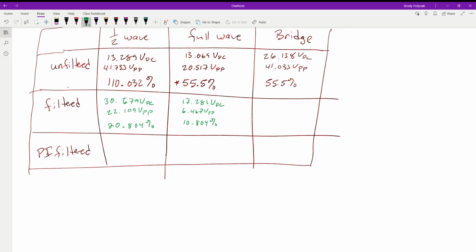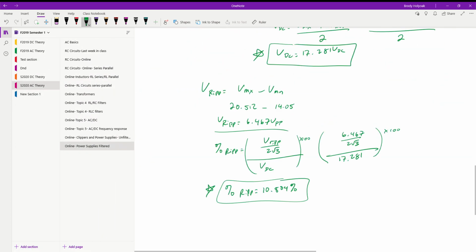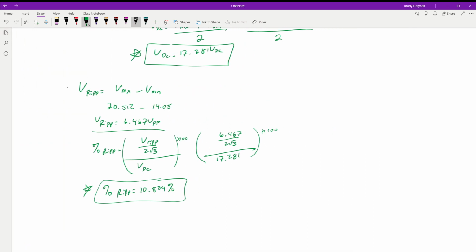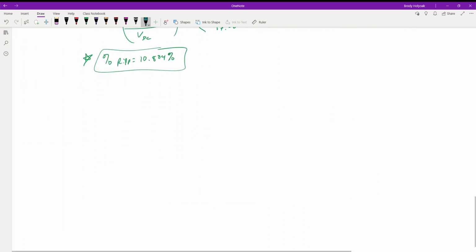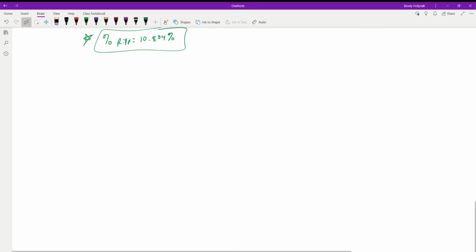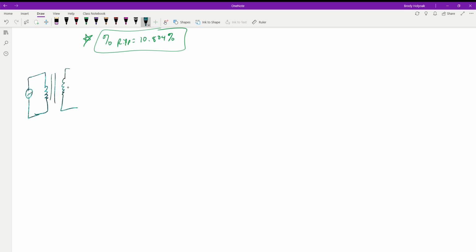Okay, so let's move on to the last one. The last one is going to be our bridge circuit, and we're going to filter that. So again, we have the same setup as before, only now we're going to come through our bridge.